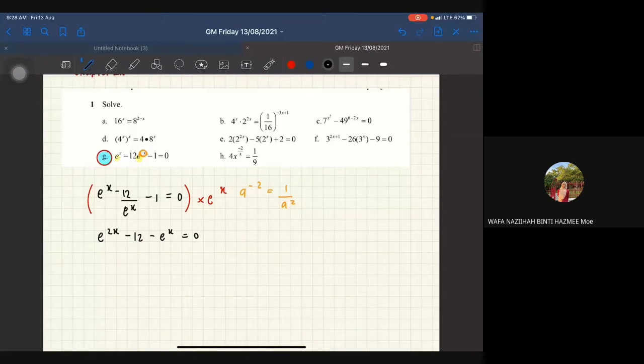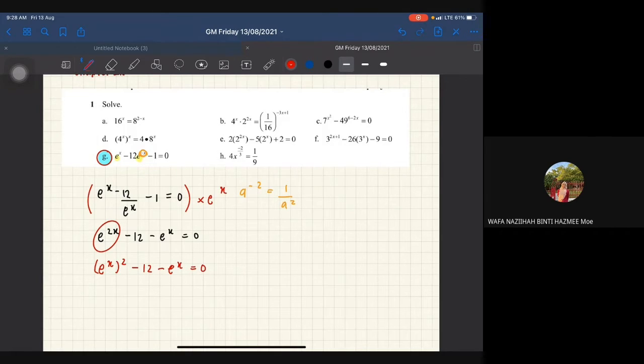Okay, so untuk mudah, this one over here, kita pecahkan dia dulu. So you will have e to the power of x. Okay, kita nak dapatkan e to the power of x sahaja. Okay, so 2 dekat luar and then minus 12 minus e to the power of x equal to 0.